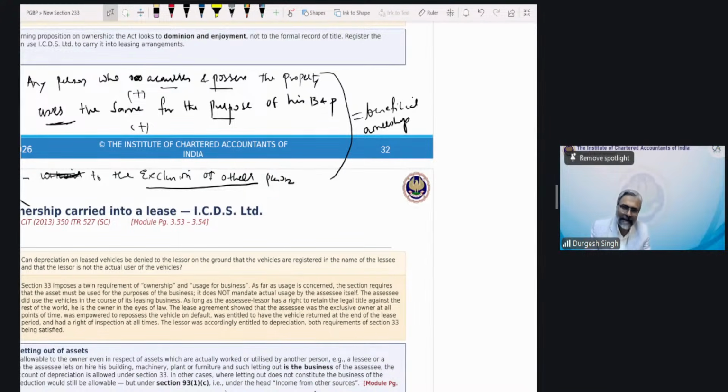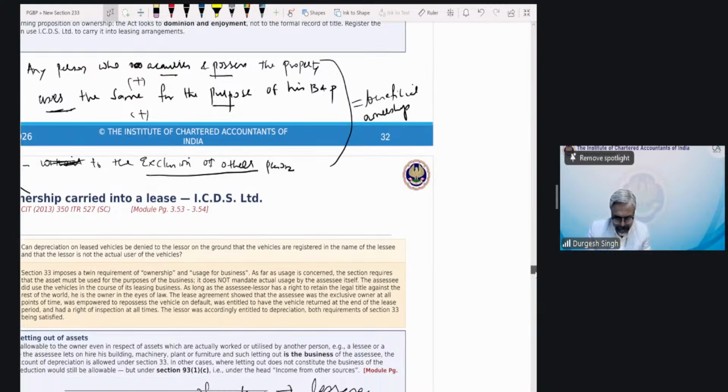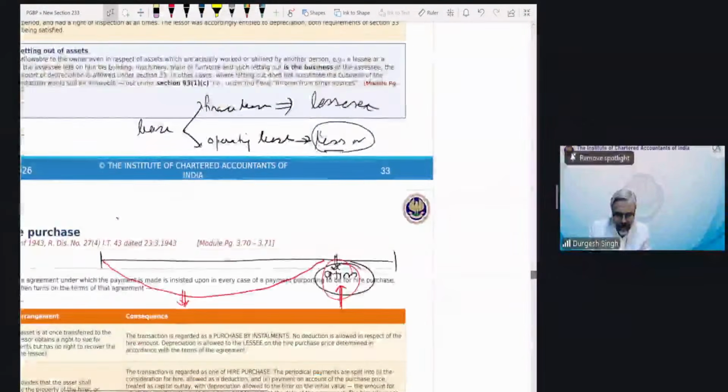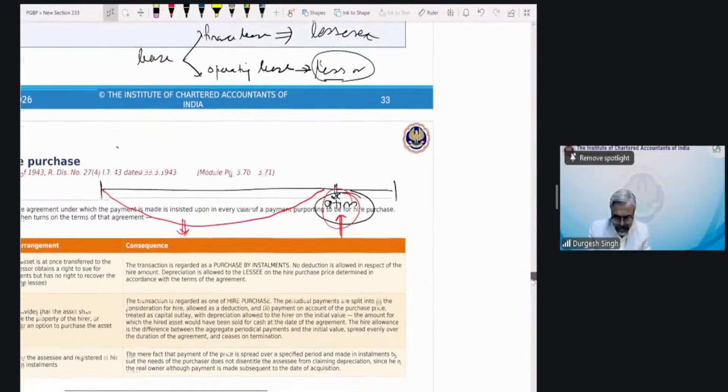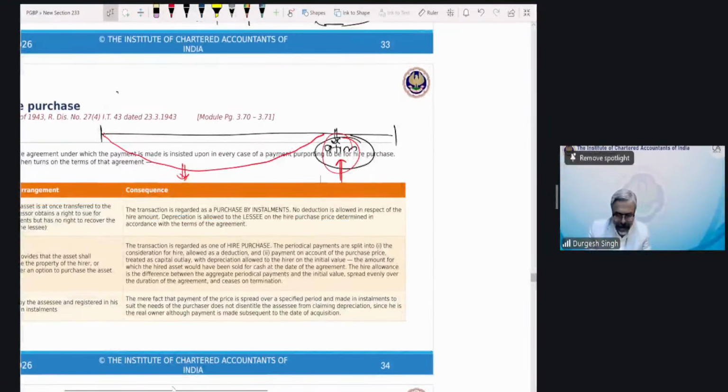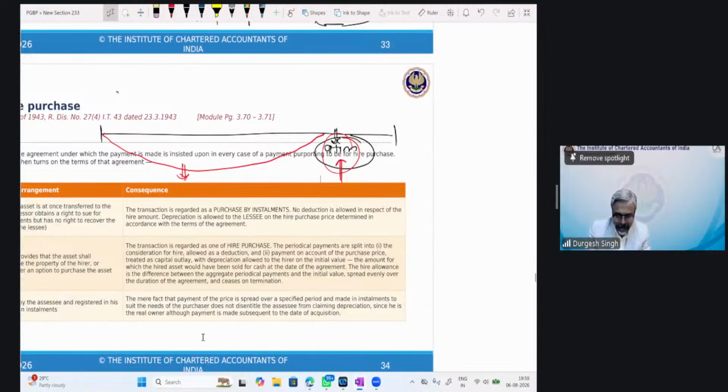In the bracket, right, students, which generally happens towards the end of the lease period.